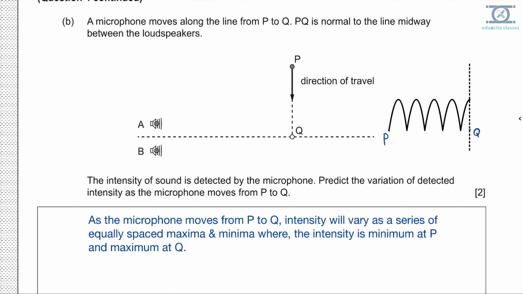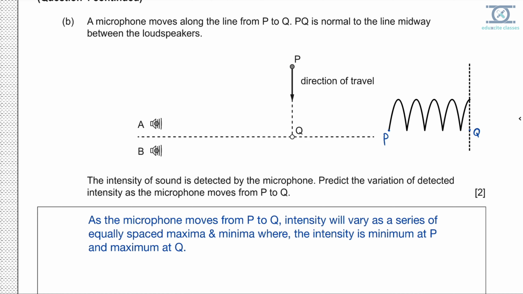Now the B part. A microphone moves along the line P to Q, which is normal to the midway of the loudspeakers. The intensity of sound is detected by the microphone. Predict the variation of detected intensity as the microphone moves from P to Q. Now we know that at P we have the lowest or minimum intensity of sound.